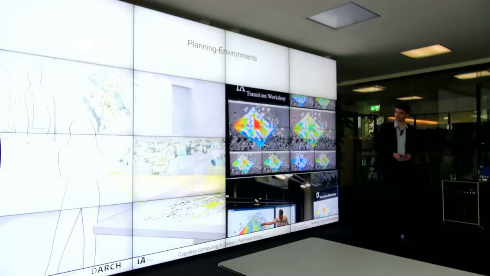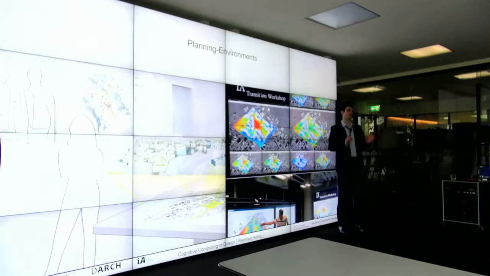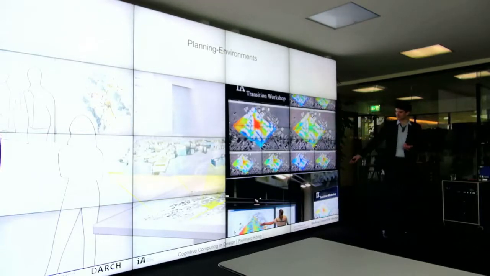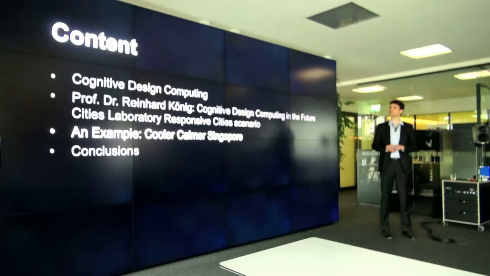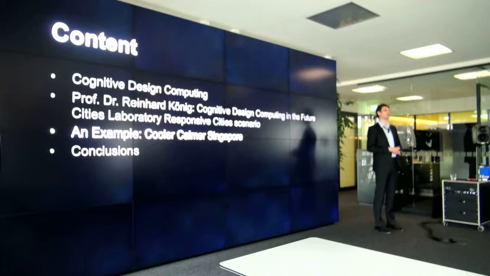And last but not least, you also need these large screens to show various properties of designs, to evaluate them from many perspectives with many views. So that's how we apply it in workshops. That's the scenario in Singapore, this video wall and the screens where we can collaborate also over distances and in complex situations. So this was the story, or first ideas, insights into cognitive computing for design.